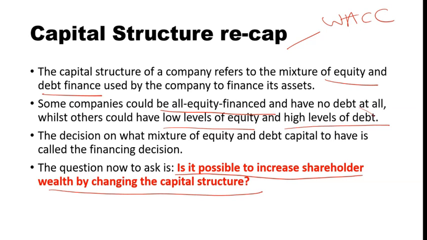All right. So in short, what seems to be obvious is that the higher the gearing, the riskier the investment would be, or the more volatile the returns from the firm's investments would be.